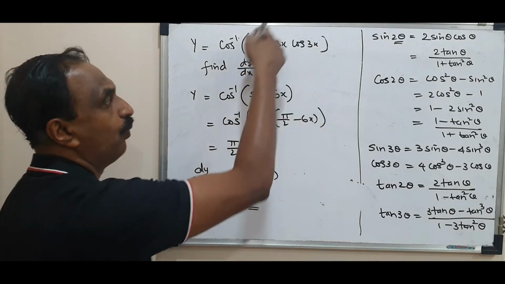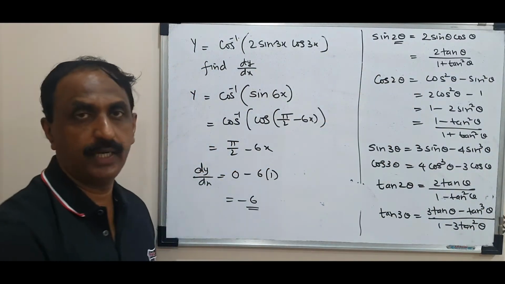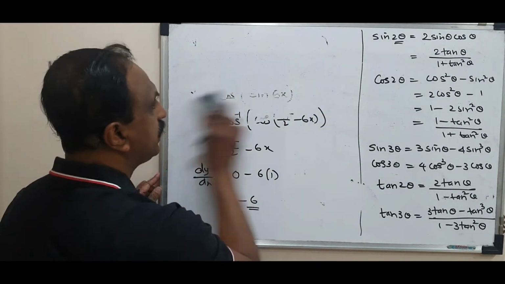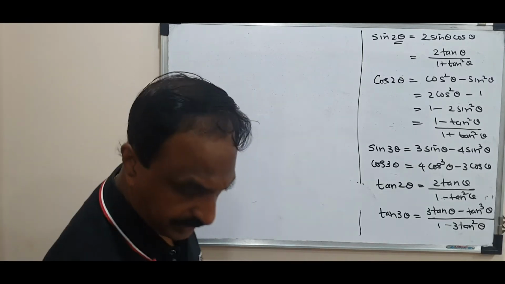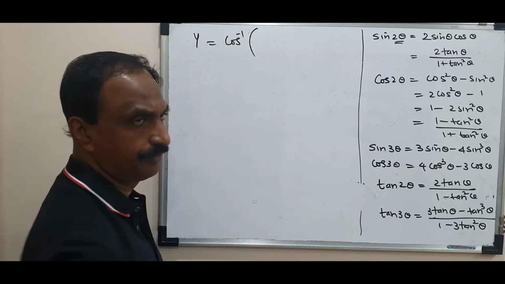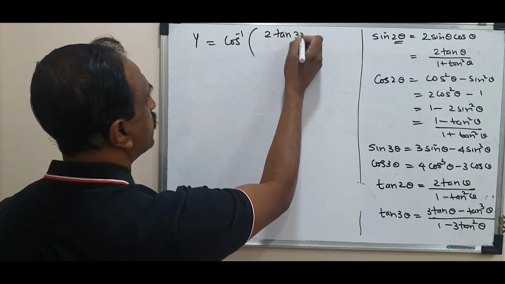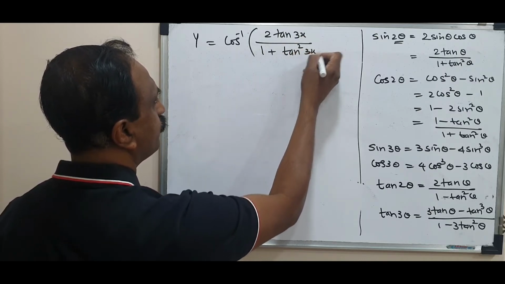You will be given one or other formula which you can identify with the formula given to you. Another example I would like to give you is a little more interesting. Let's say I have given you y is equal to cos inverse of 2 tan 3x upon 1 plus tan square 3x.